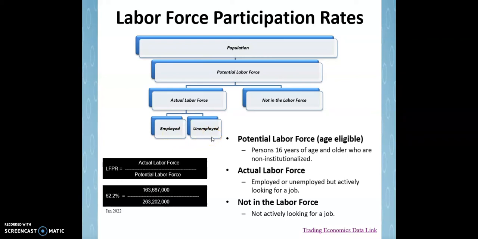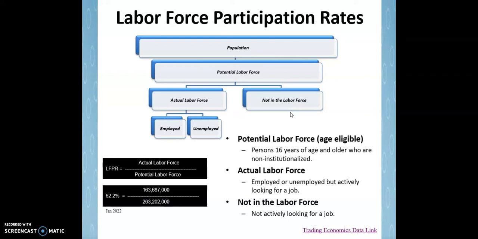You're ready to work, you're willing to work, and you are able to work. Not in the labor force means that you're not employed and you are not actively seeking work. So the people in here might be retirees, they might be full-time students, homemakers, and a variety of other examples.